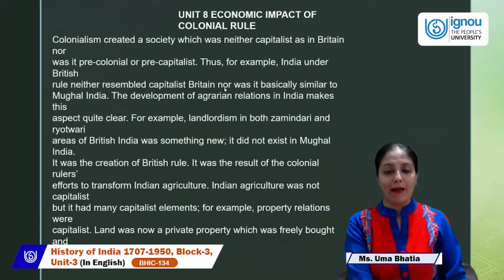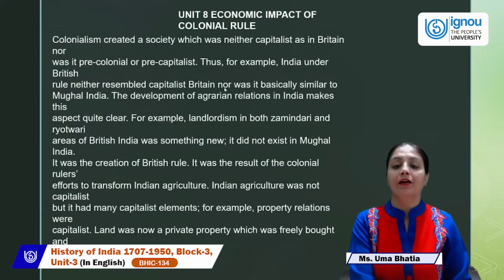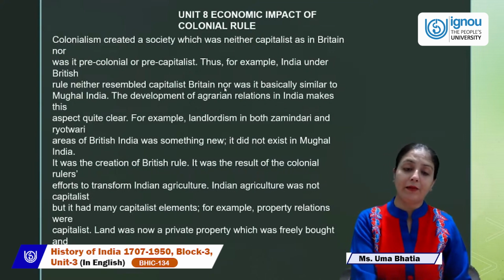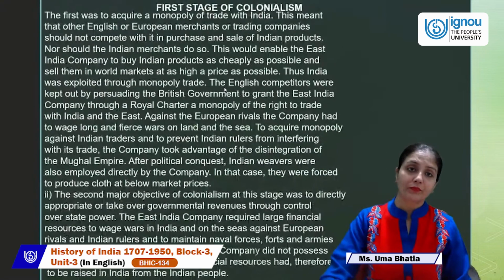Land was now private property, freely bought and sold on a large scale. That was the condition of land when the colonial government was running in India, across the agriculture and industrial sectors.